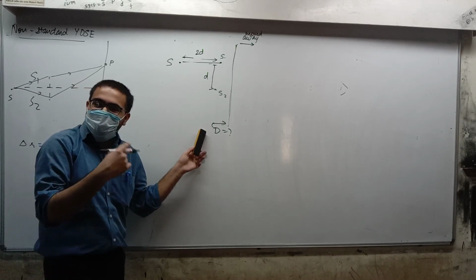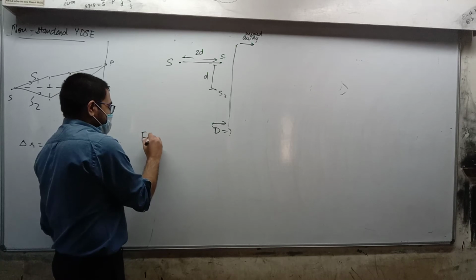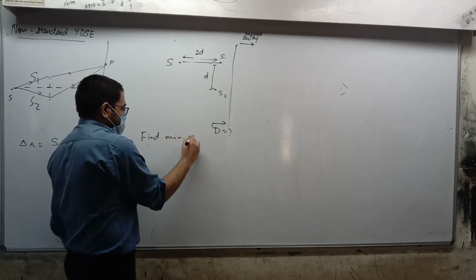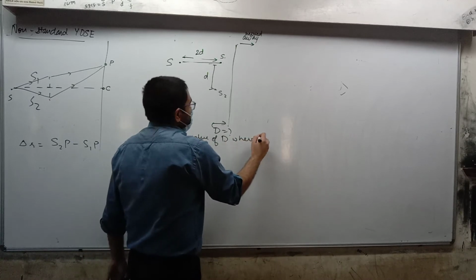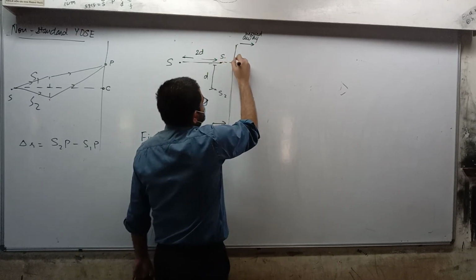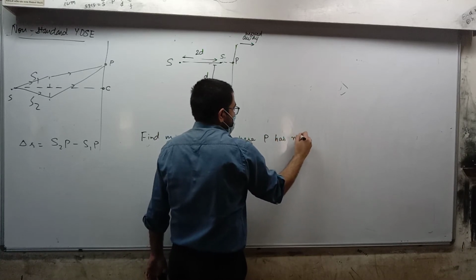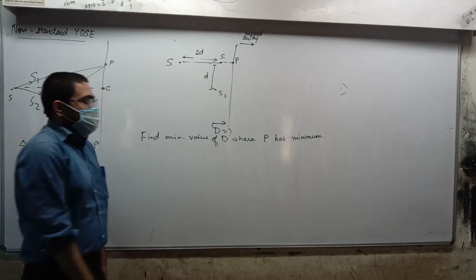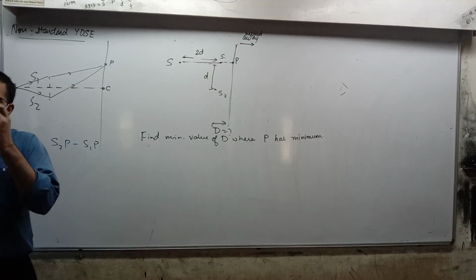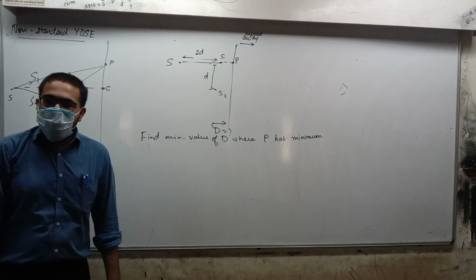Distance between screen and slit. Find the minimum value of D where this point P has a minimum.